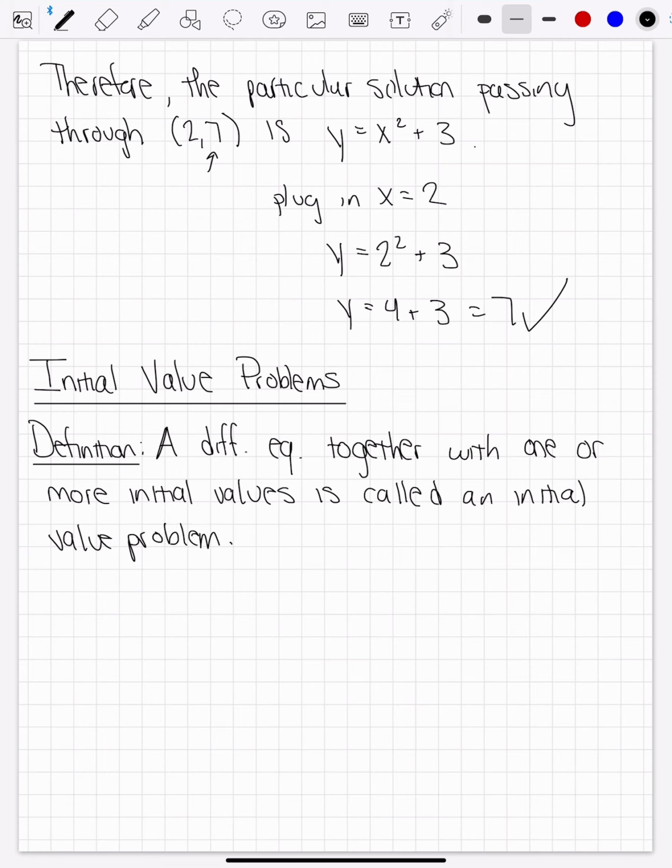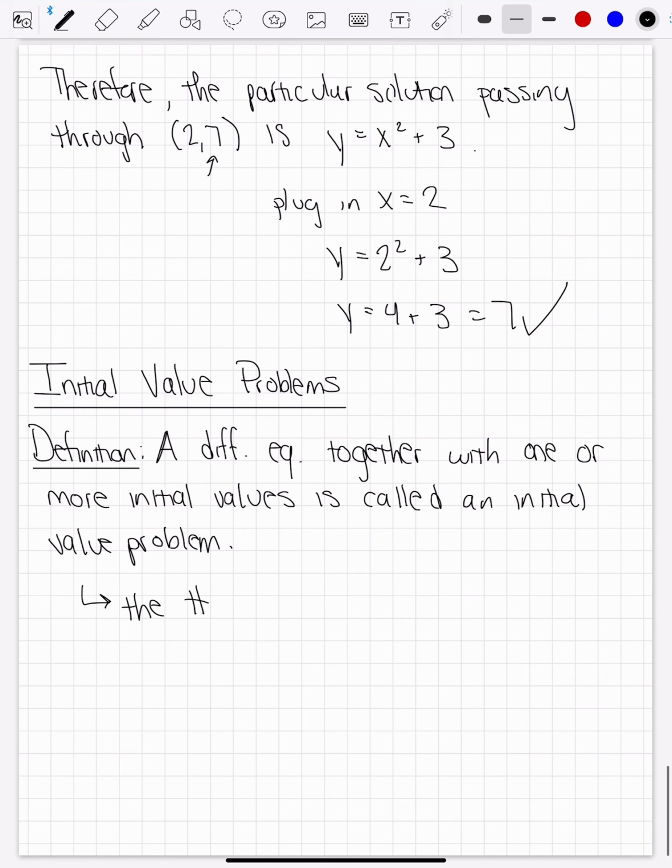And one key thing to know is that the number of initial values you need is the number of derivatives you have, because basically you need to know where to start each derivative.